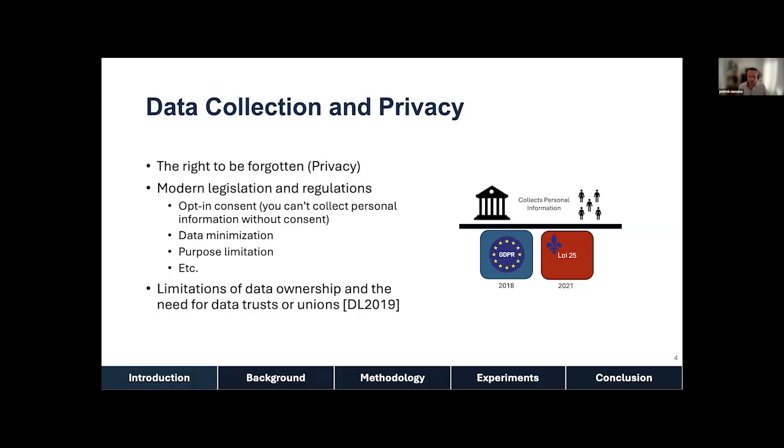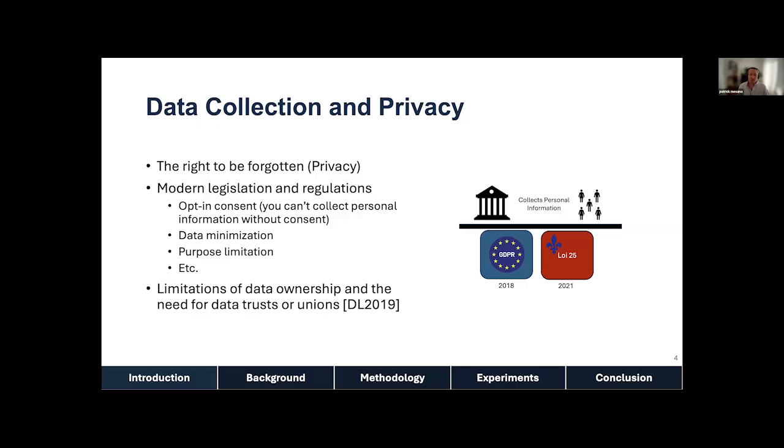So these regulations are very necessary, but they can push towards a one-size-fits-all kind of data governance in organizations. There's this very interesting paper from Delacroix in 2019 that says that, and proposed to have what he called data trusts, or some kind of unions that represent individuals with different views of privacy and different risk appetite with their data.